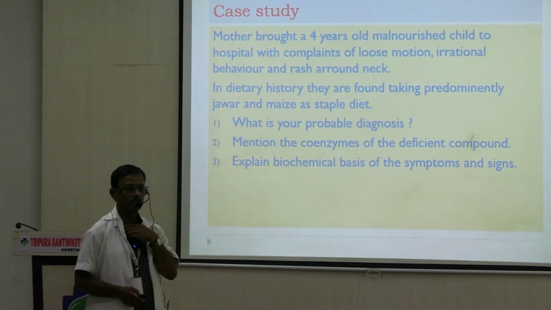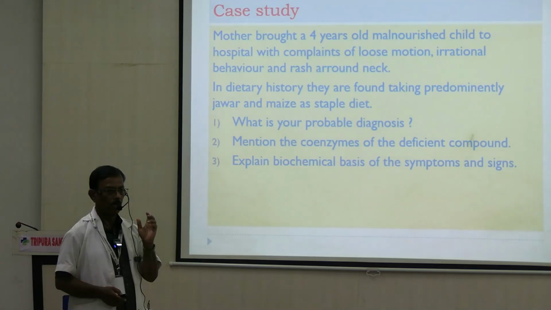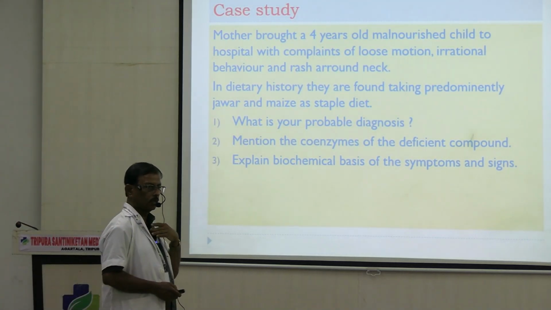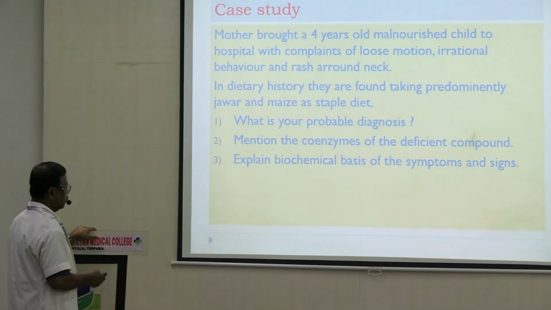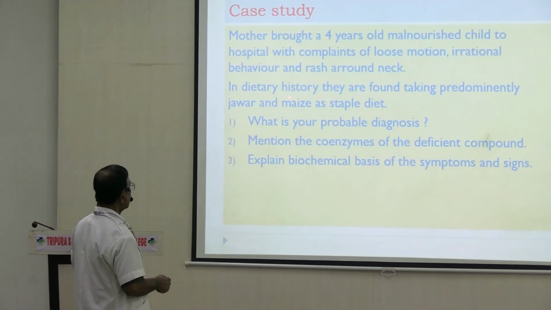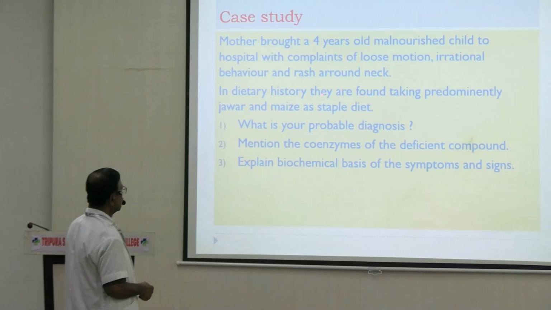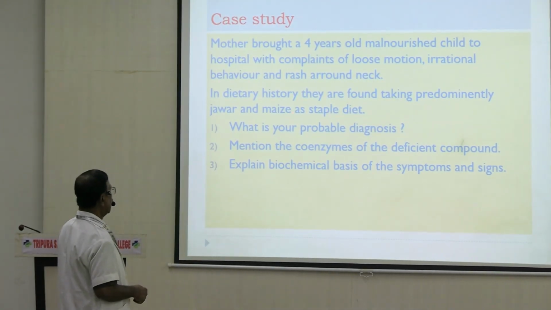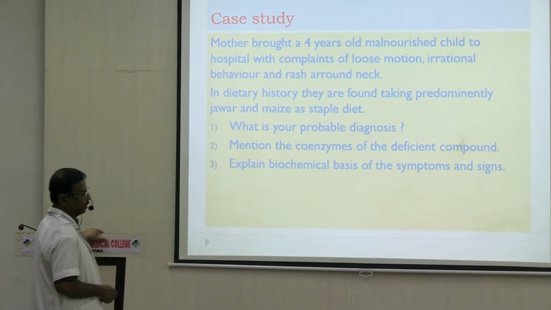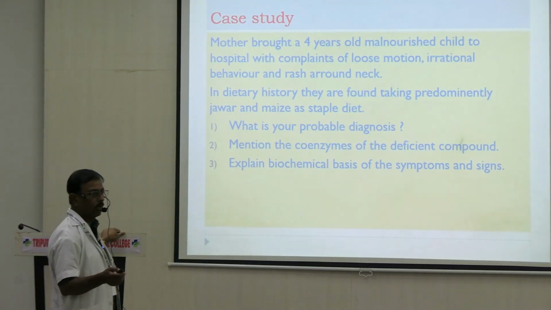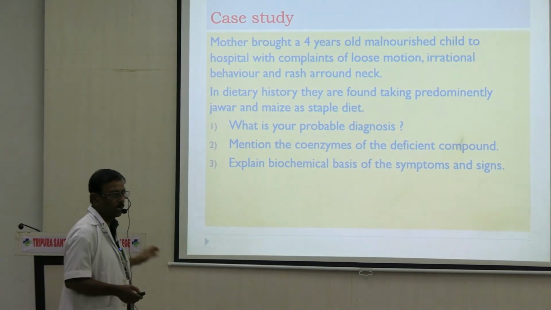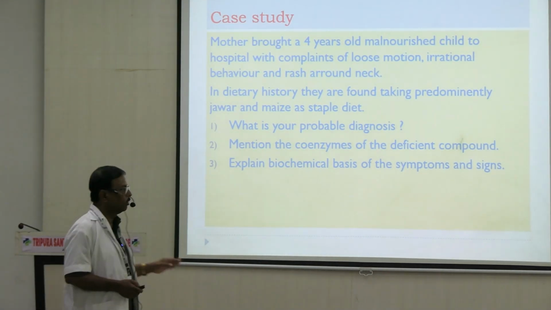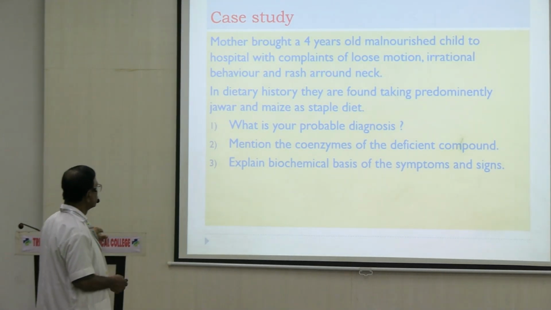Rash means there is some degree of dermatitis around the neck. In dietary history, they are found taking predominantly jowar and maize as staple food. Whenever a patient comes, you have to take all this history, what food they are having. Okay, so this is the dietary history.